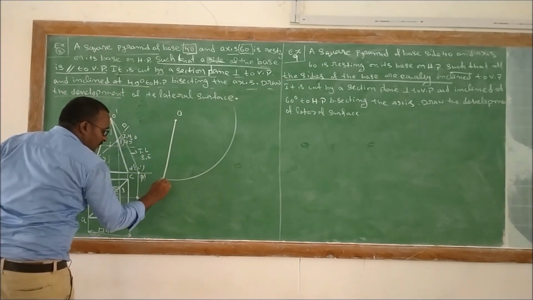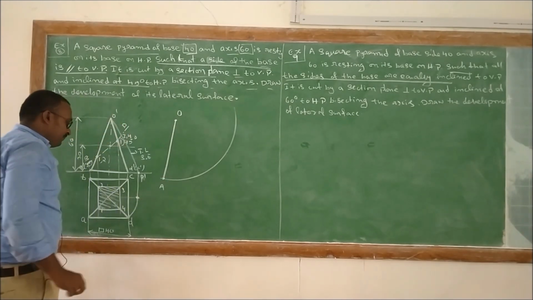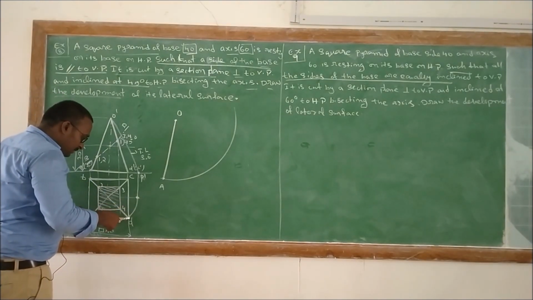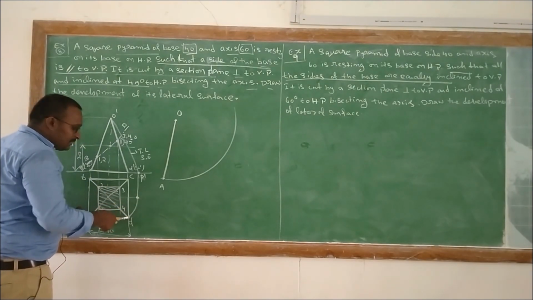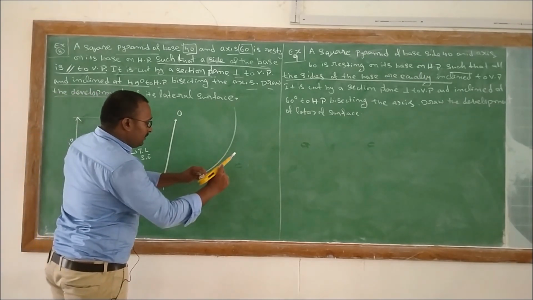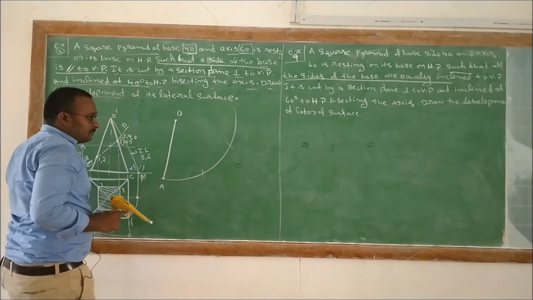Here this is the O dash A. Then take the distance from here to here, that is equal to the base side, and cut an arc onto this, 1, 2, 3, 4.